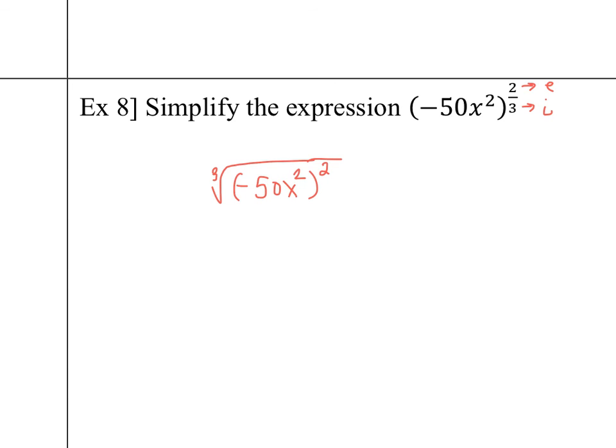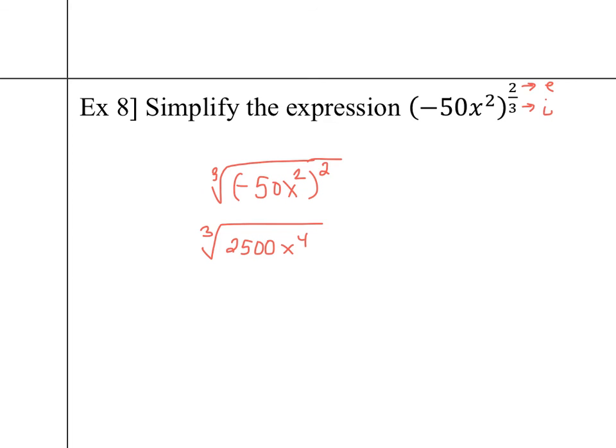So before we can break this apart, first let's simplify the inside. So negative 50x squared means you're going to multiply that to itself. So negative 50 times negative 50 is a positive 2500. X squared all squared is x to the 4th.